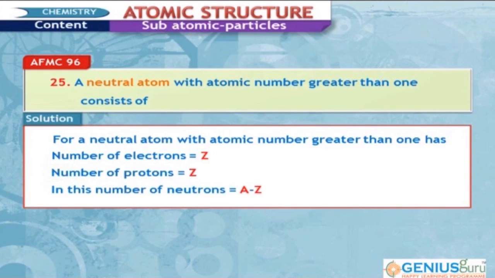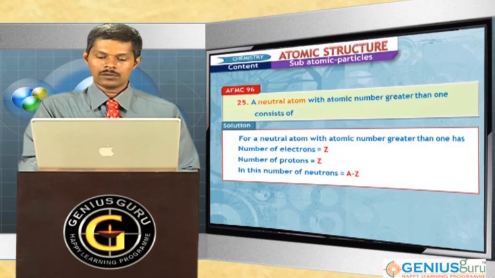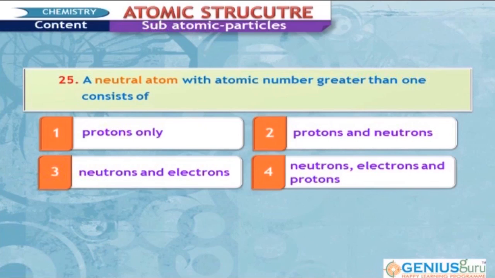So only the element with atomic number 1 has no neutrons. A neutral atom with atomic number greater than 1 has some neutrons. Therefore these elements have all the fundamental particles. So the correct option is 4.